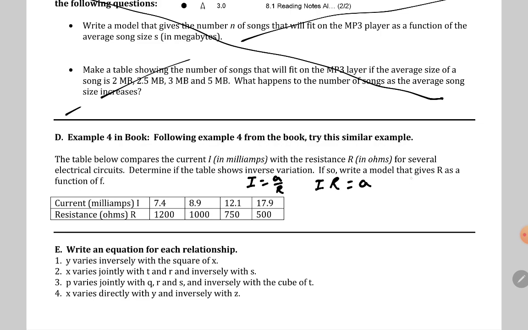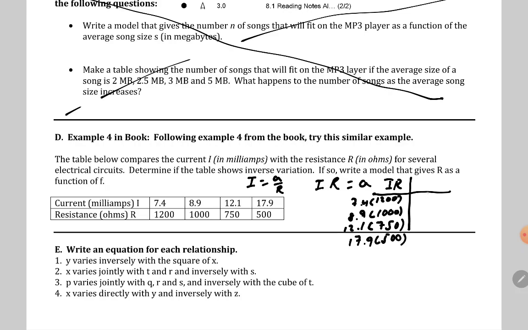So let's make a table. So this is going to be I times R. So for example, 7.4 times 1200, 8.9 times 1000, 12.1 times 750, and 17.9 times 500.